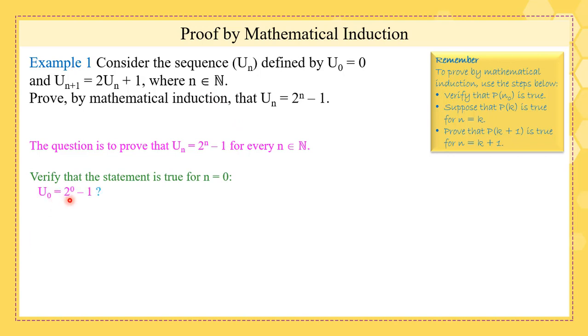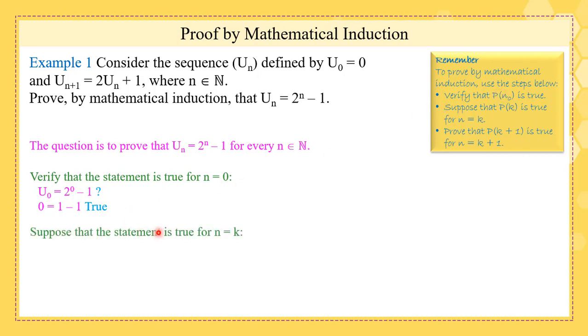Is u0 equal to 2 to the power 0 minus 1? So we replace each n here in the question by 0 and see whether it's correct or not. Well, u0 is 0 from the given here. 2 to the power 0 is 1 and 1 minus 1 is 0. This is true. So we verified that P of n0 is true. The first step is satisfied.